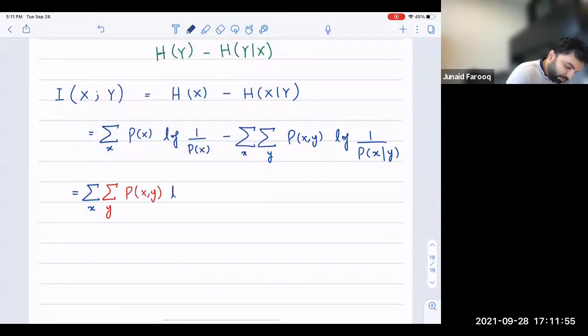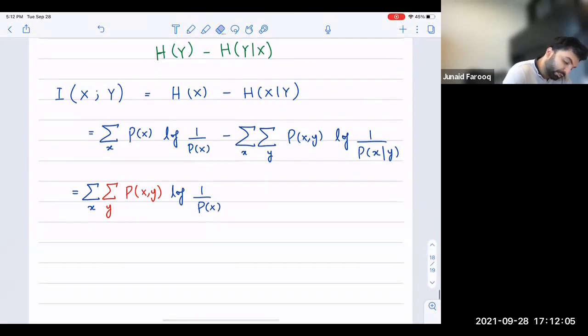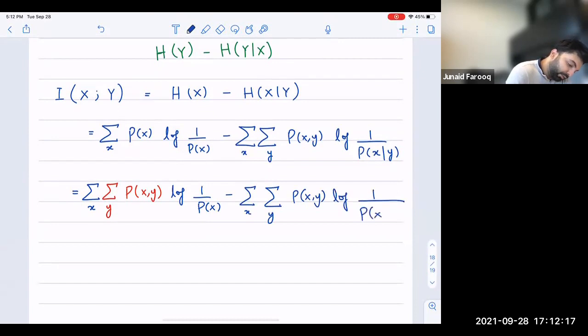The rest is as it is, so this is log 1 over p of x. Okay, so this is not going to change anything. It's just when you sum over y, it just goes away. And the other part is as it is. So we'll have sum over x and y, p of x comma y, log of 1 over p of x given y.